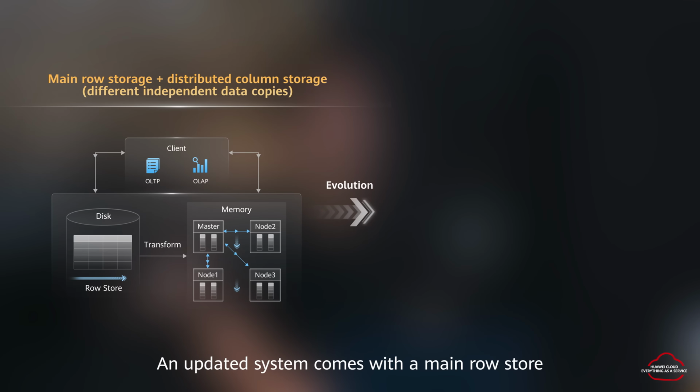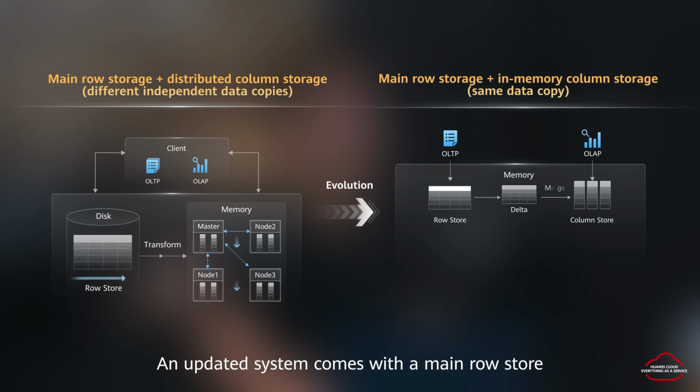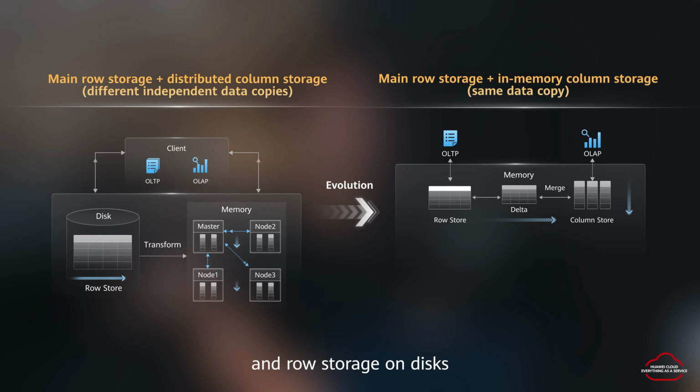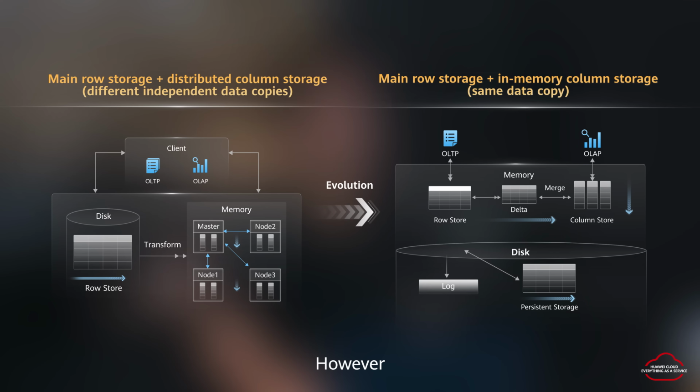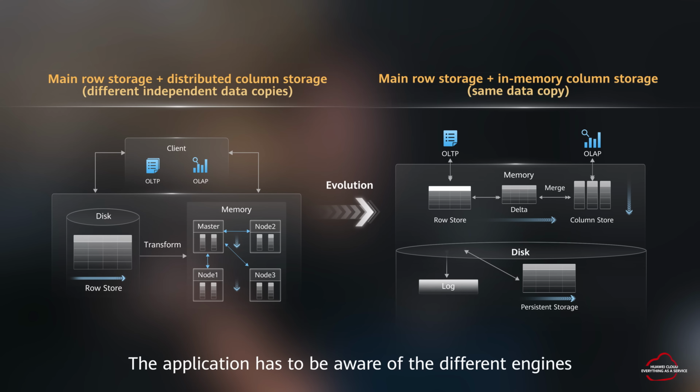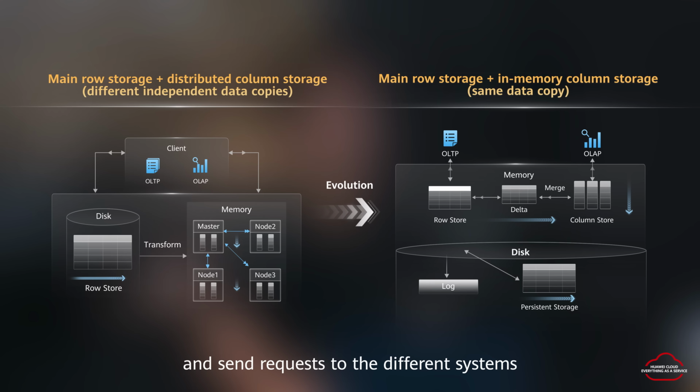An updated system comes with a main row store and the row storage on disk. On top of that, it provides an in-memory column store. However, it still appears to be two separate engines from the end user's point of view. The application has to be aware of the different engines and send the request to the different systems. However, it does solve the data freshness issue.